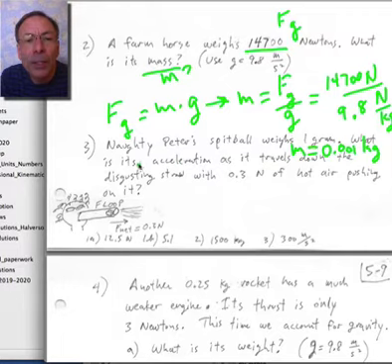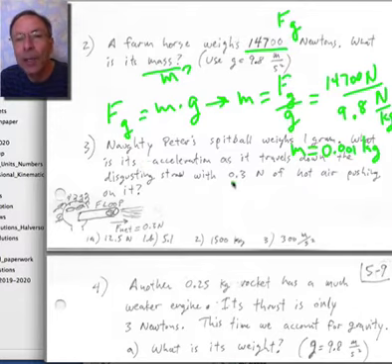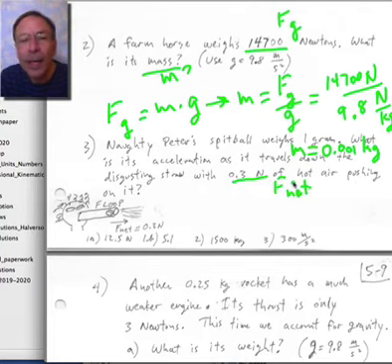The question continues, what is its acceleration as it travels down the disgusting straw with 0.3 newtons of hot air pushing on it? All right, so we've got here the net force, F net. And what is it asking? Oh, it's asking for A. So A equals what?